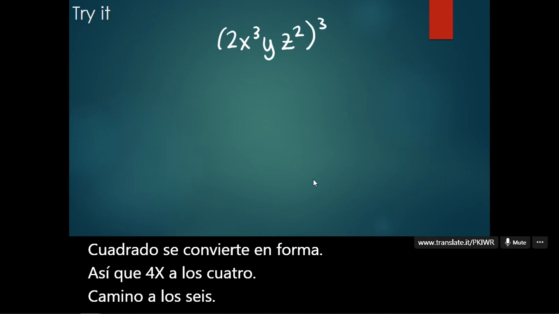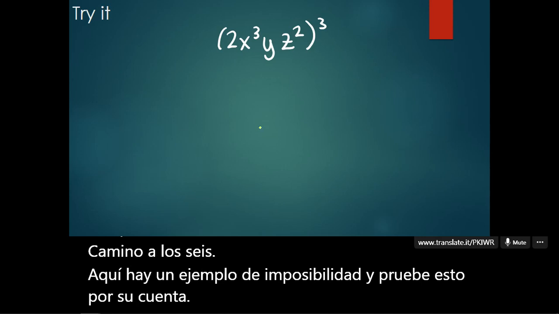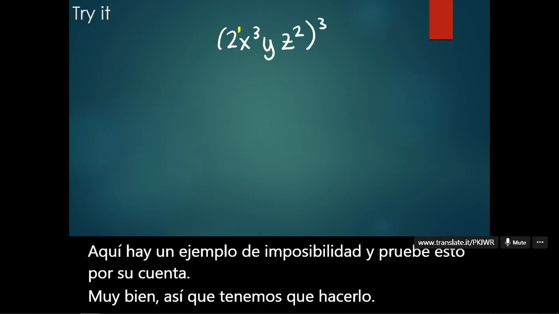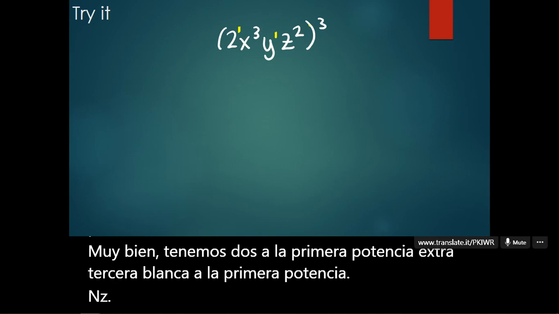Here's an example. You can pause the video and try this on your own. So we have 2 to the 1st power, x to the 3rd, y to the 1st power, and z to the 2nd power, all being raised to the 3rd power.